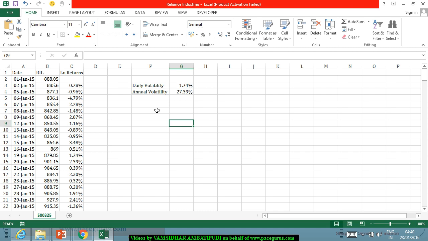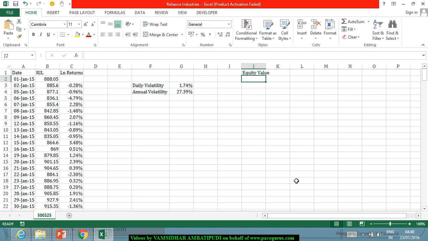So this is one side of the story. Then we go ahead in terms of building the model. What do we require to build our model? The first thing is the value of the equity, which is nothing but the market value or market capitalization.